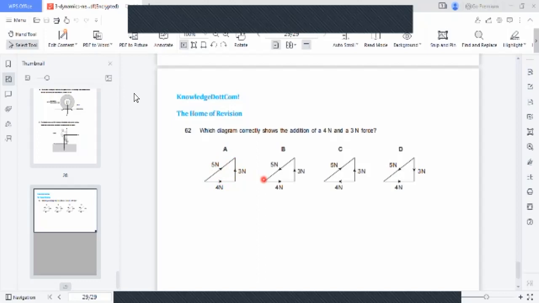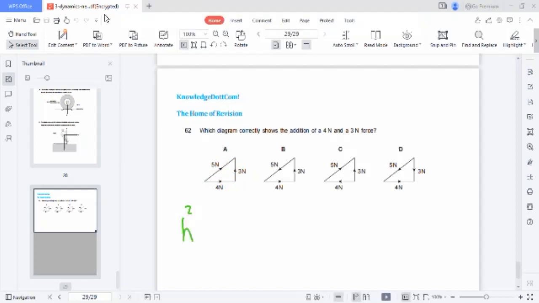and then applying the Pythagoras theorem, we know that hypotenuse square is equal to perpendicular square plus base square.